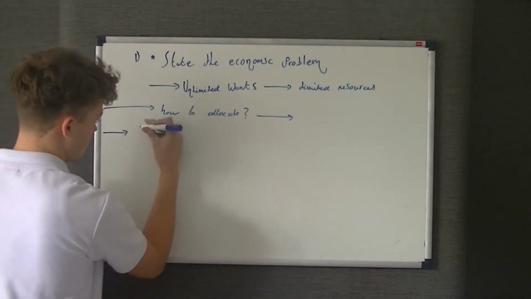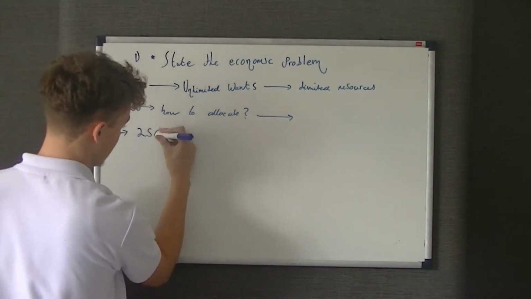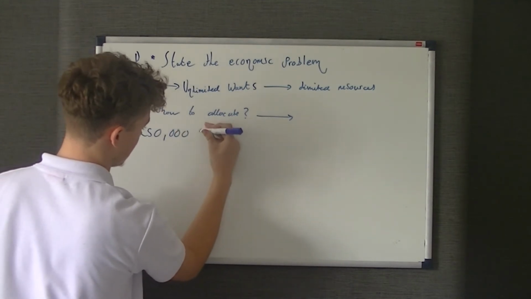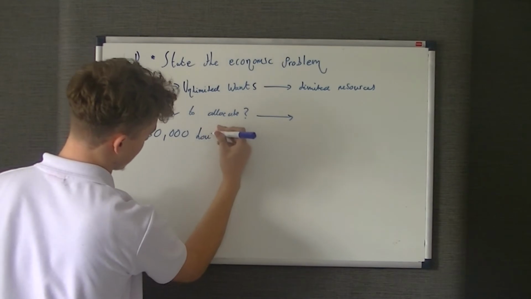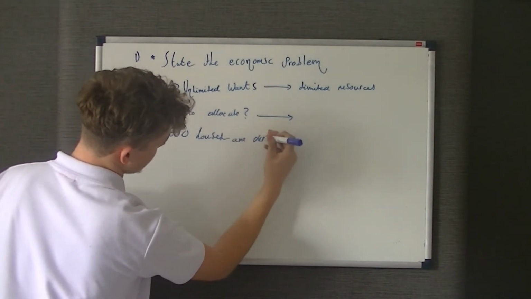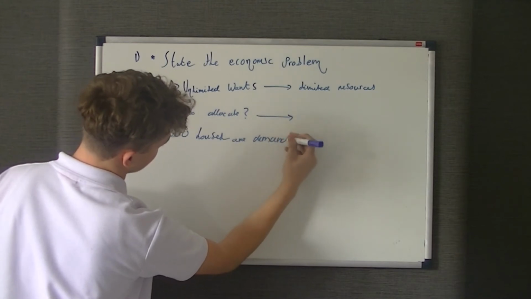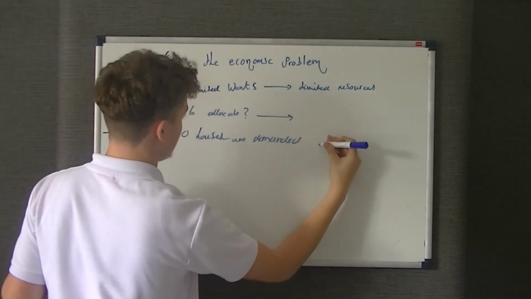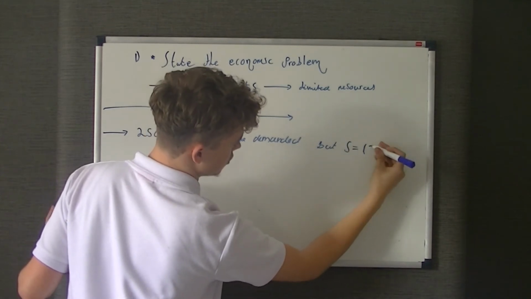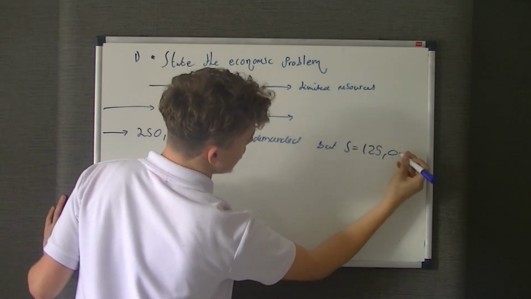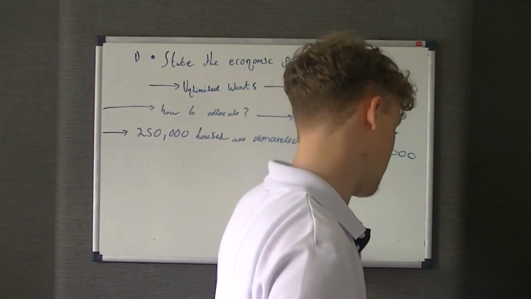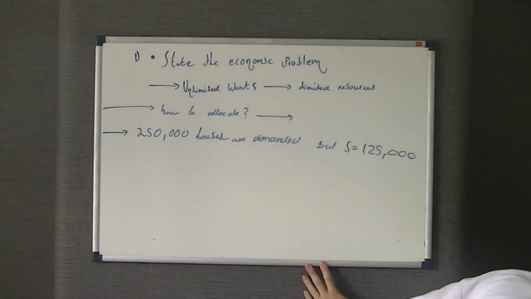So you could say 250,000, I think it is, houses are demanded, but there's a great shortage in supply, S equals 125,000. And you just use those 2 figures, I would personally.